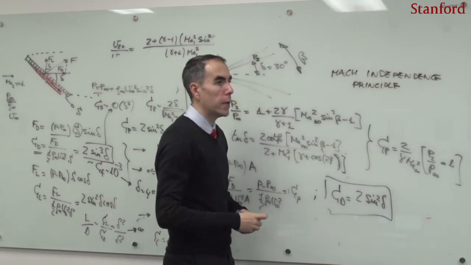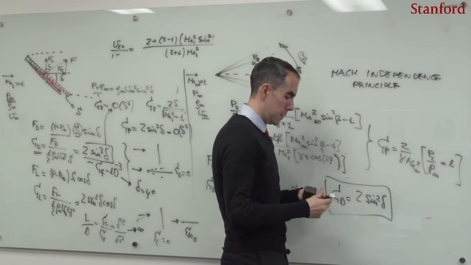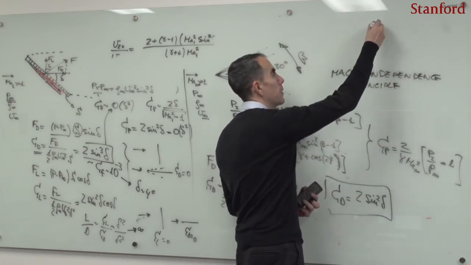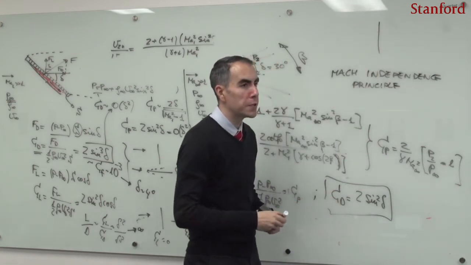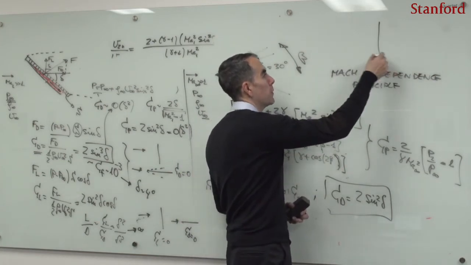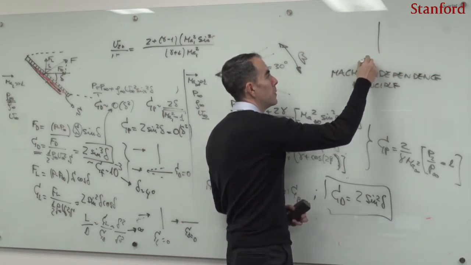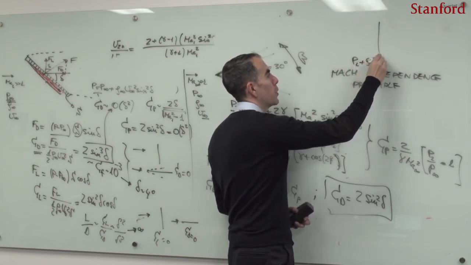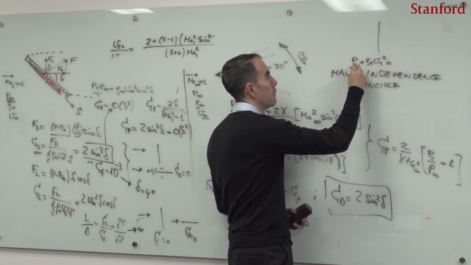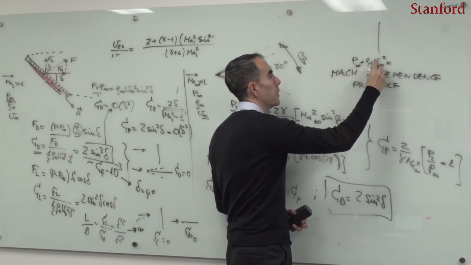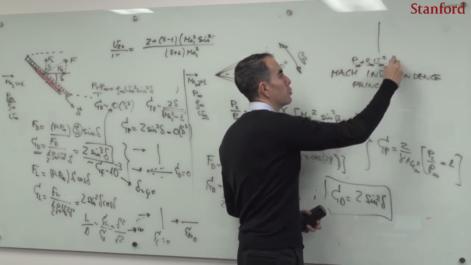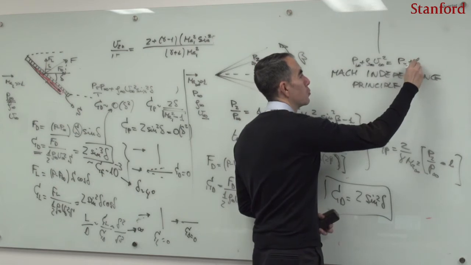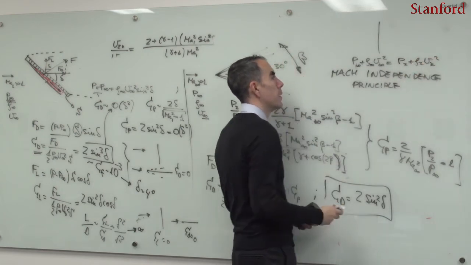If you recall, it has an easy explanation: if I have a normal shock, for instance, like that, I know from the conservation of normal momentum that the quantity P1 plus rho1 U1 squared, in this case let's call it infinity to be consistent with the rest of the variables, is going to be equal to P2 plus rho2 U2 squared.